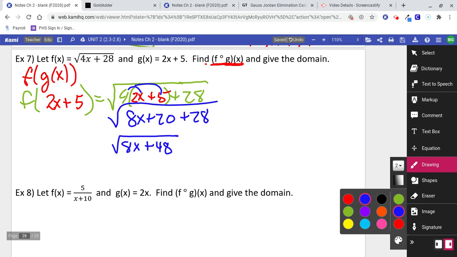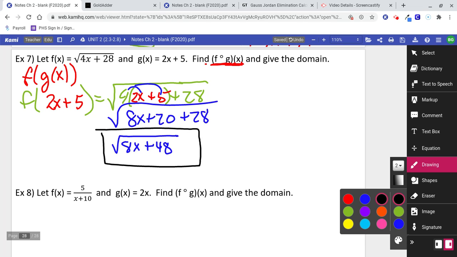Now, you could probably clean that up and simplify. You could take out a 4. I'm not really worried about simplifying the radical right now, so I'm just going to leave it alone. Square root of 8x plus 48. But we want to find the domain. For the domain, again, you have to look for problems.